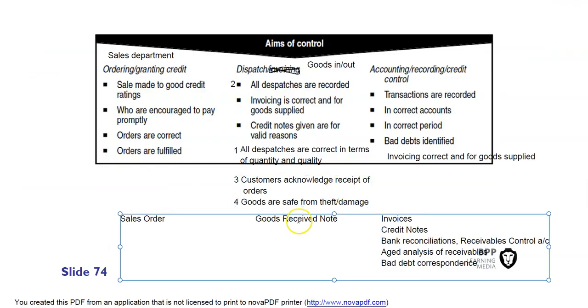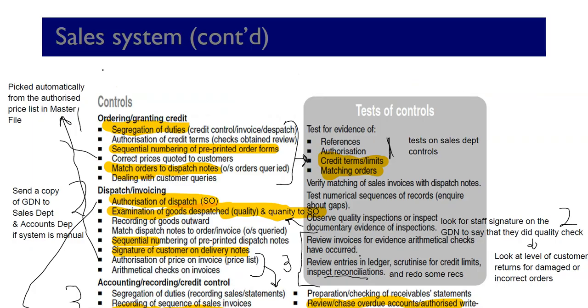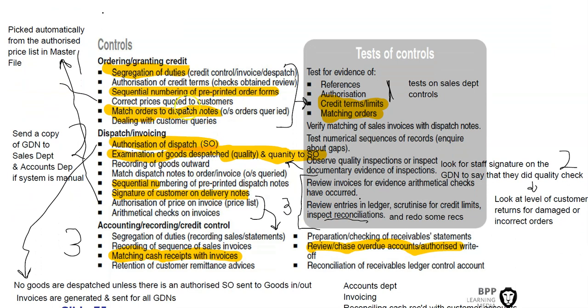Should I say goods received note here? I did. It should be goods dispatched note. Let's change that, because the goods are being sent out. So the goods dispatch note, a copy of that should be sent from goods in, goods out, from dispatch to the sales order department, and then they can match them with their sales orders to know if there's any outstanding, and then outstanding orders should be queried.